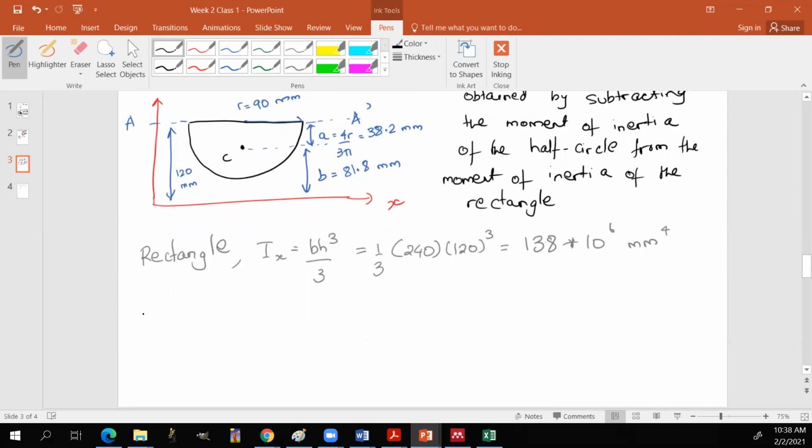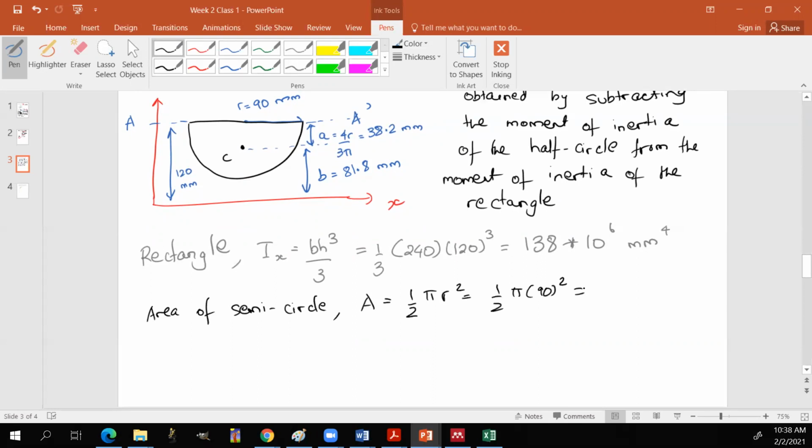First things first, area of semicircle. 1 over 2 pi r squared, which is 1 over 2 pi, radius is 90, right? So 90 squared.